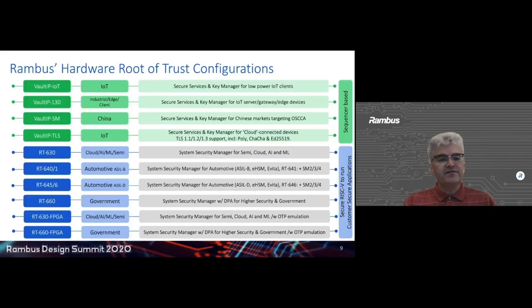What happens if a glitch happens in a device, which is not necessarily a security attack, but is something that happens in the silicon that needs to be flagged, because automotive is all about safety and should be protecting lives, if you will. On the 660 series, that's where differential power analysis, fault injection, attack analysis, as well as stronger security levels are protected. So there is a root of trust choice that will really fit your design, available in the Rambus root of trust catalog.